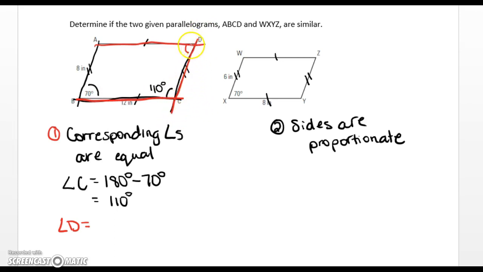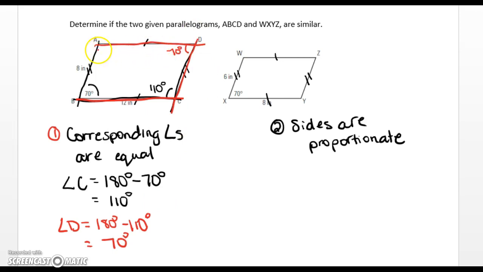So here angle D compared to angle C, those are on the same side of your transversal and inside the main lines, which means that once again these are same side interior angles. So we take 180 degrees, subtract angle C, which is 110. We would find that angle D is 70 degrees.